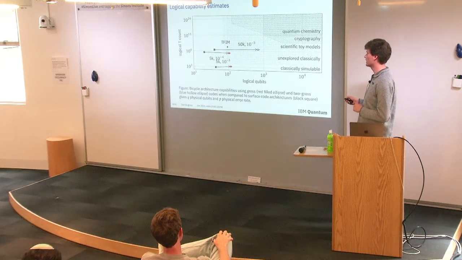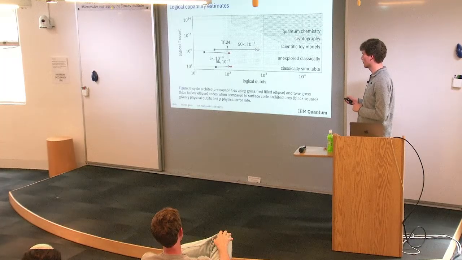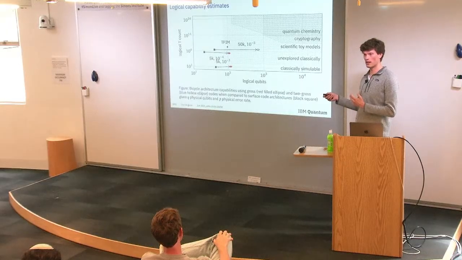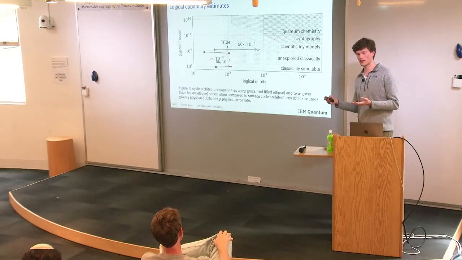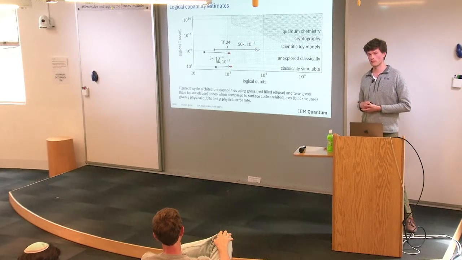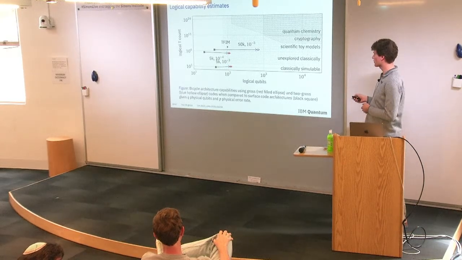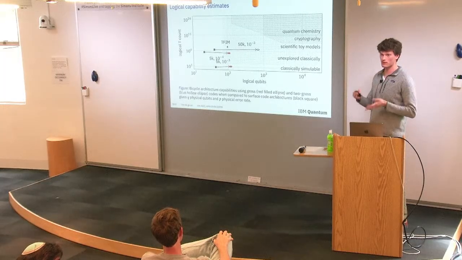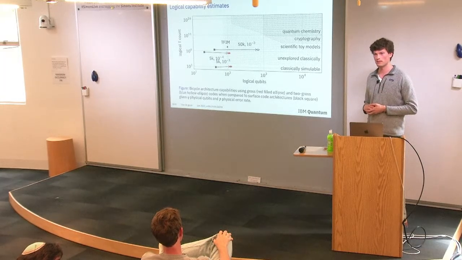I mean, a lot of things go into getting to this data point, including generating random circuits, getting noise estimates, things like that. But for the surface code architecture, it's a simple equation that you could solve on pen and paper very easily.